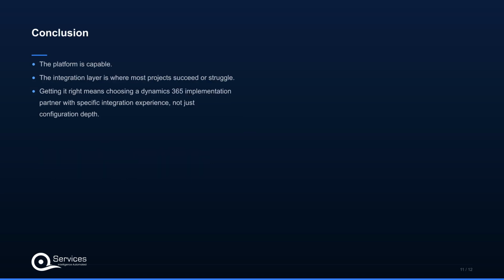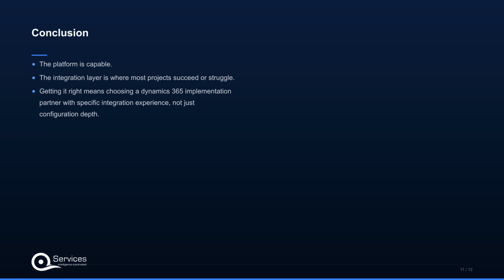Now, next up, conclusion. Dynamics 365 integration services determine whether your D365 investment delivers its promised ROI or sits underutilized while teams export CSVs and reconcile spreadsheets manually. The platform is capable. The integration layer is where most projects succeed or struggle.